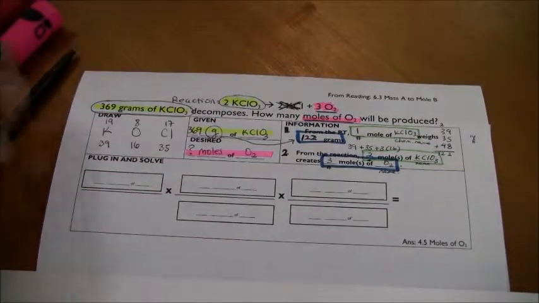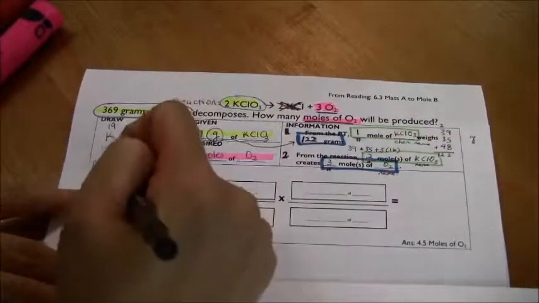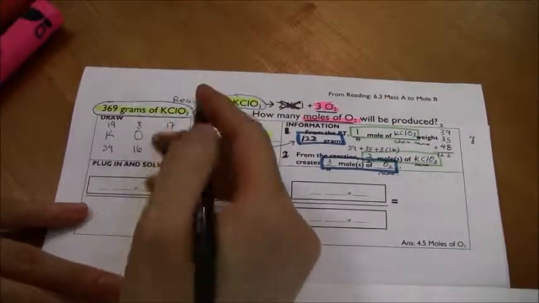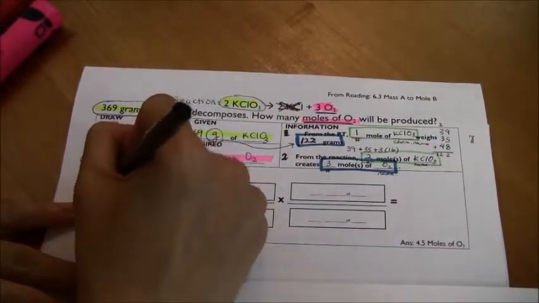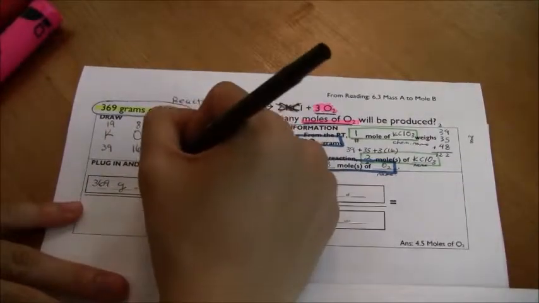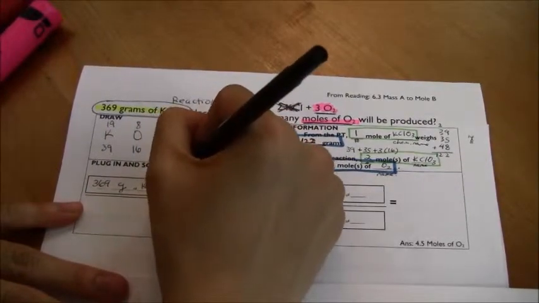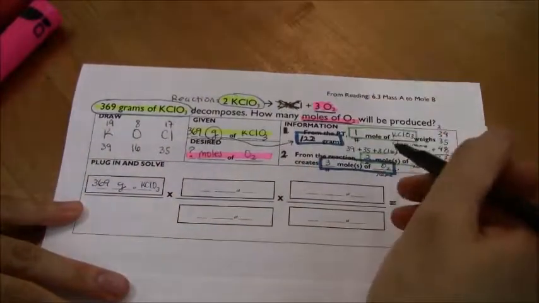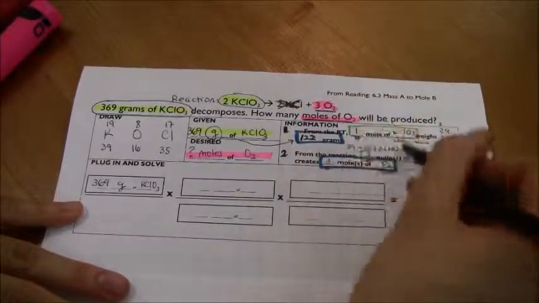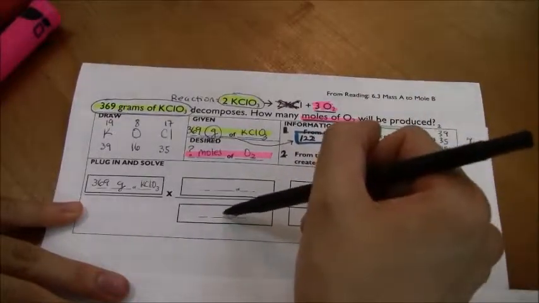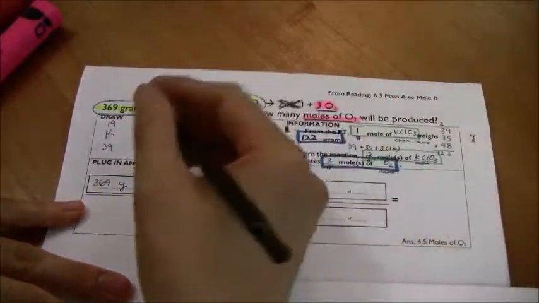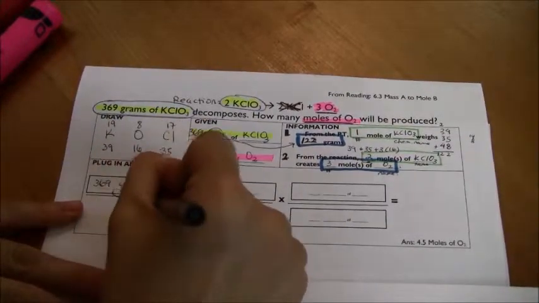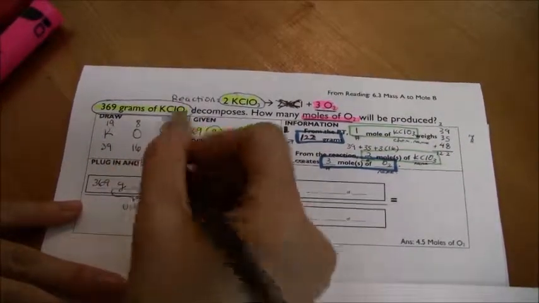So first things first, let's start off with our given. We're given 369 grams of KClO3. Before we even look at all this information here, let's go ahead and write down the units. Remember, if you forgot, this back part is called a unit.